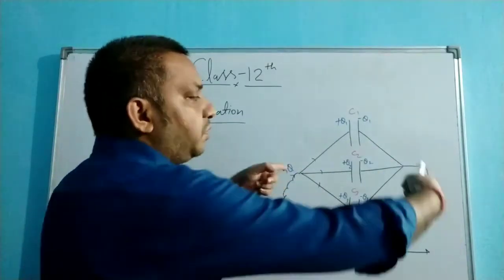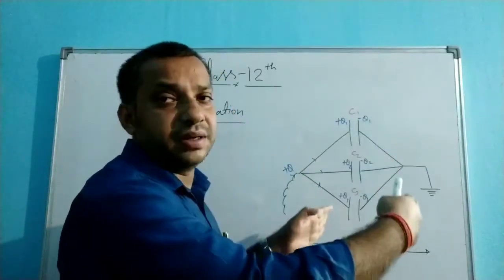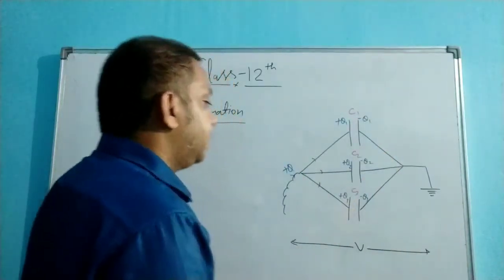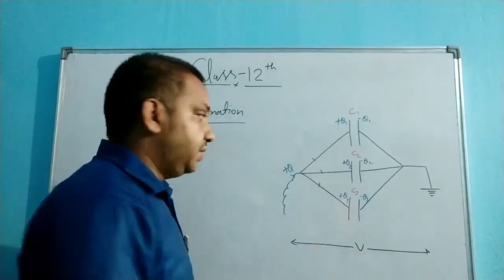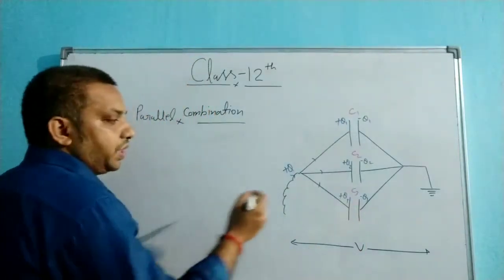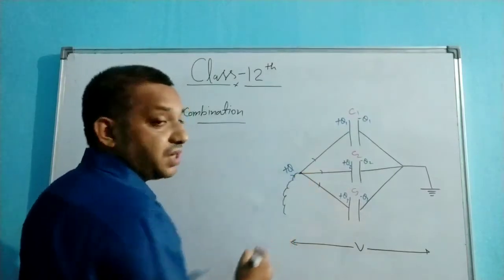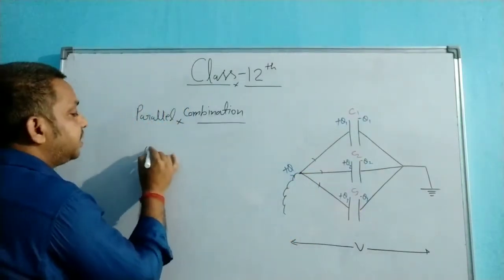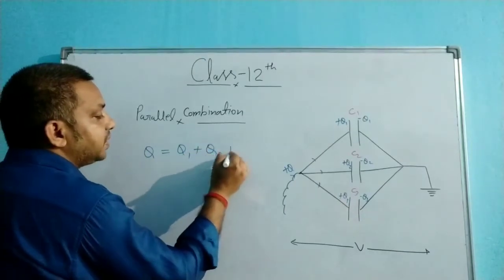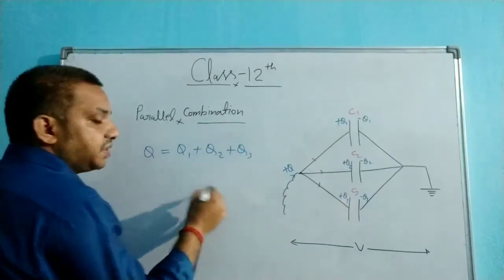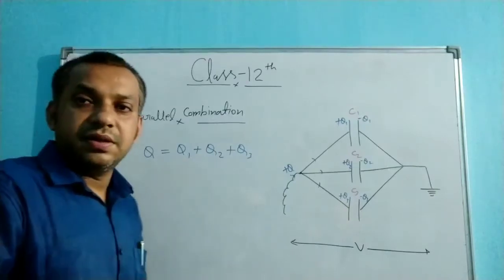So if you connect the voltmeter here, you will get the same reading across each capacitor. So in the parallel combination, the potential is constant. If you apply the law of conservation of charge here, you will get total charge Q is equal to Q1 plus Q2 plus Q3.